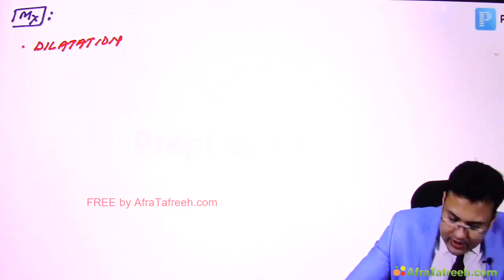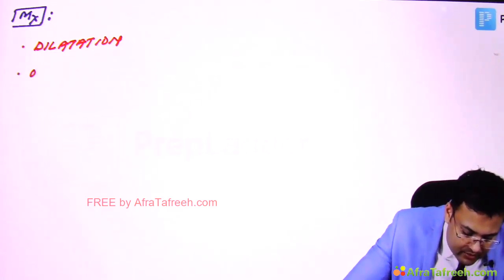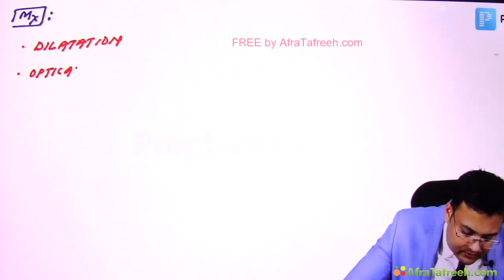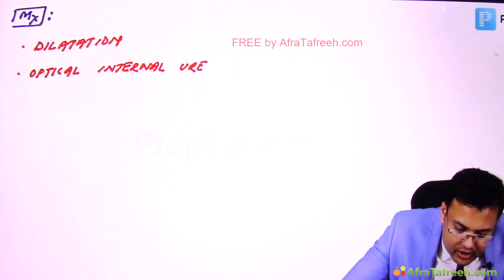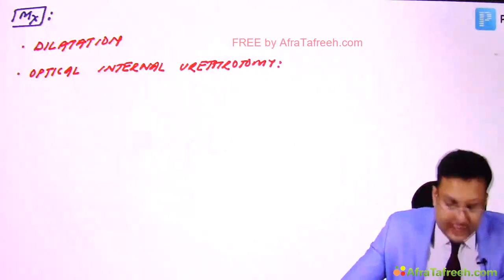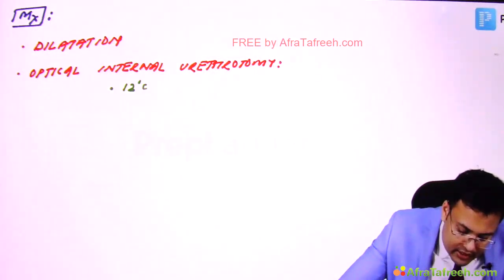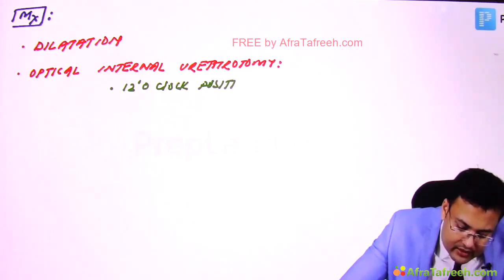This question was also asked in exam. So we perform optical internal urethrotomy. These are two questions: performed at 12 o'clock position, and it is done for short bulbar strictures.